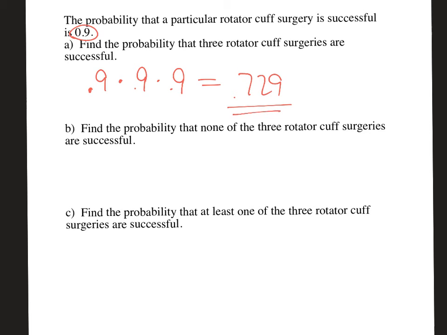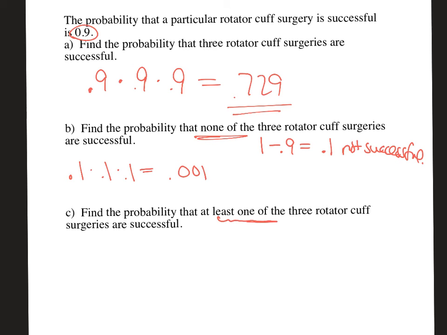Okay. And then again, find the probability that none, right? Remember, 1 minus 0.9 that are successful means 0.1 are not successful. Or it's the probability that it will not be successful. And so all you're going to do is 0.1 times 0.1 times 0.1 will give me 0.001. And then, of course, we have this lovely at least one of the 3.